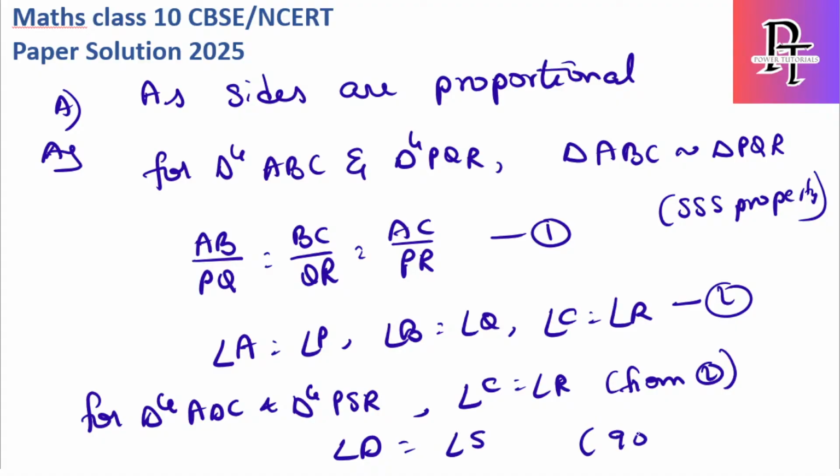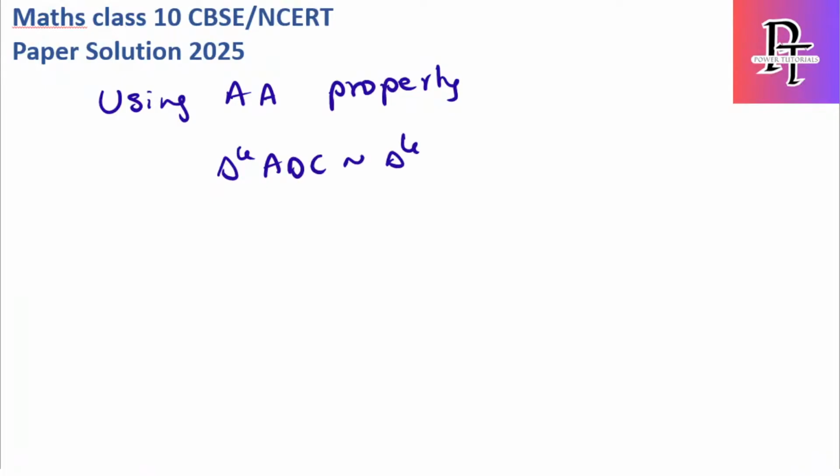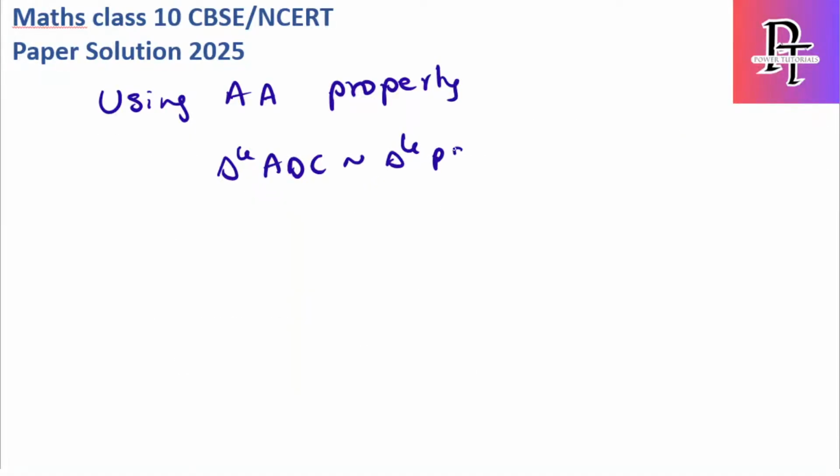Because both are 90 degrees. So next step is easy. Using AA property of similarity, I can say triangle ADC is similar to triangle PSR. If these two triangles are similar, then AD by PS is equal to DC by SR is equal to AC by PR.